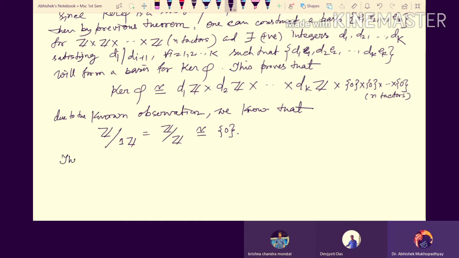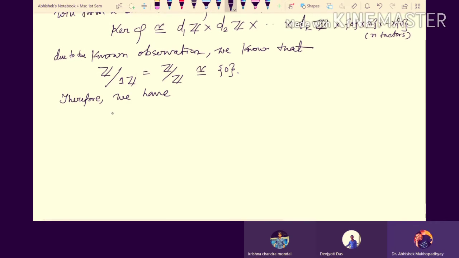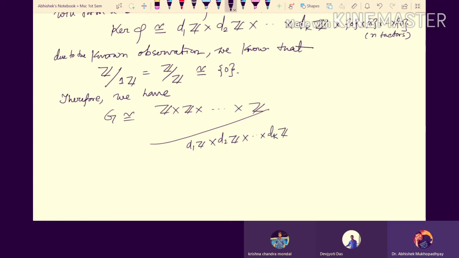So therefore we have G is isomorphic to Z/d1Z, Z/d2Z, ..., n factors.